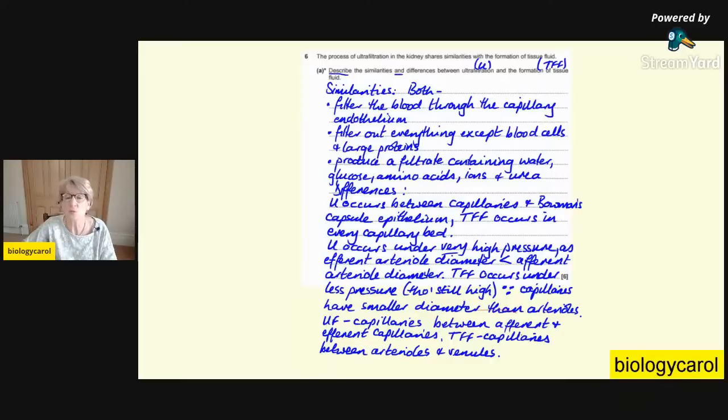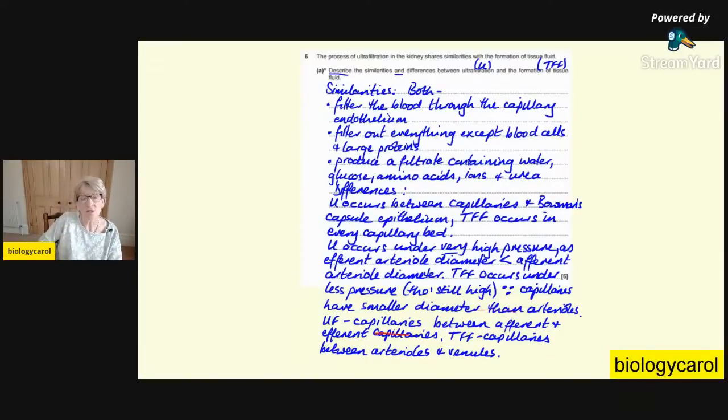Ultrafiltration, capillaries between, this is the only thing where I could possibly be called a little bit of a clever clogs. It's not something that is particularly pointed out in many syllabuses, by many teachers maybe. Capillaries between the afferent and efferent capillaries. Oh, I've just written the wrong word.